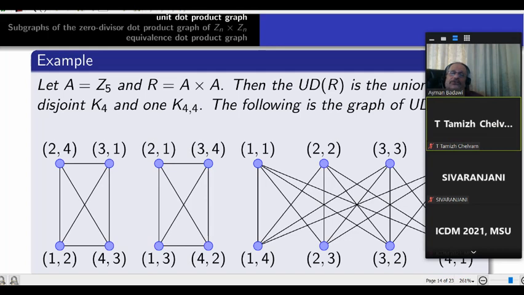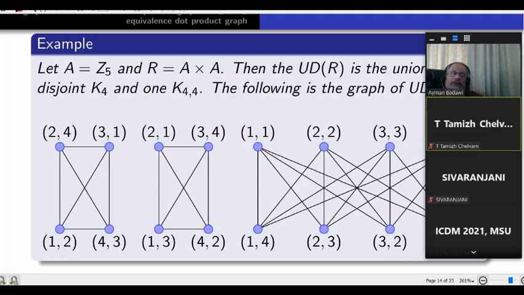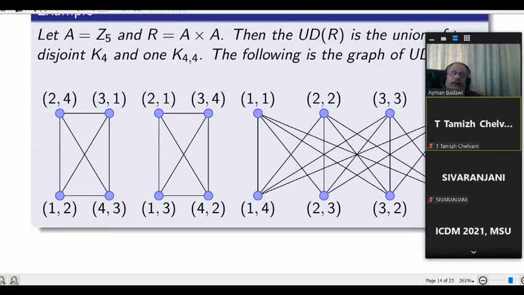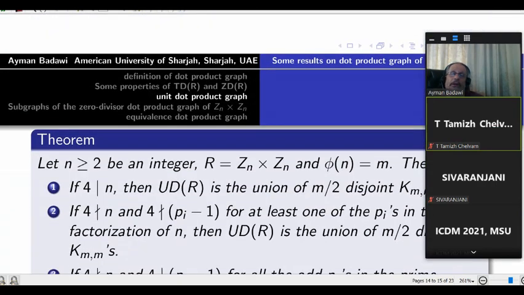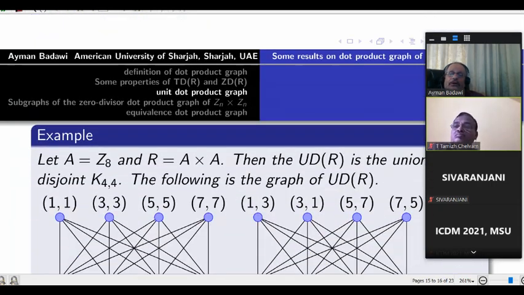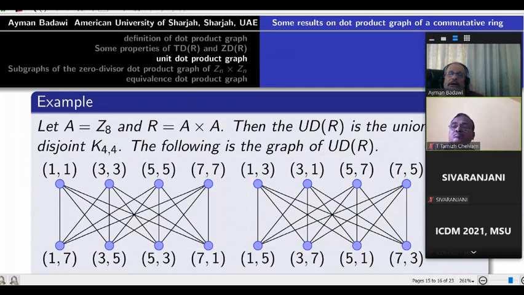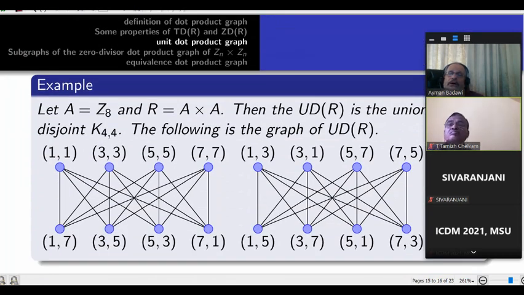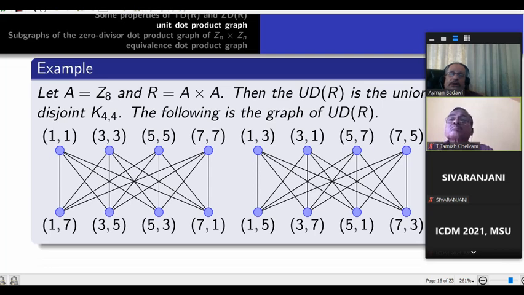As you see, it consists of 2 complete components and 1 component that is complete bipartite. We did that for many cases, like here, I did it for Z8. These are examples, and maybe it's about time for me to stop.